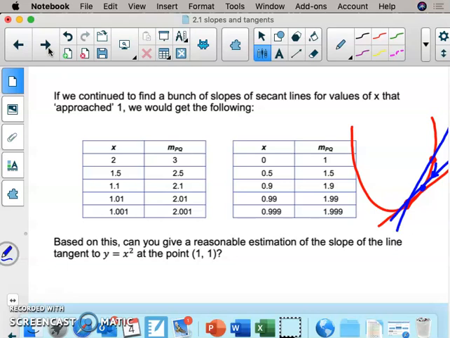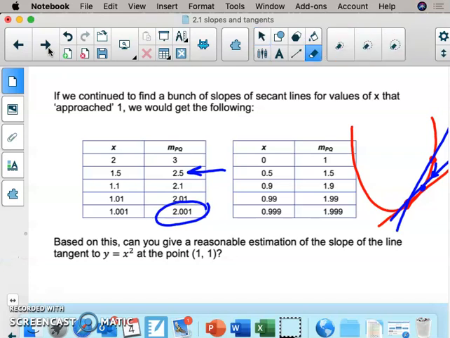Does that make sense? So what the book is showing you is, we just did this one right here. We figured out from 1 to 1.5, the slope is 2.5. But what if we did it from 1 to 1.001, right? Well, now we get a slope of 2.001. Or from the other side, right?